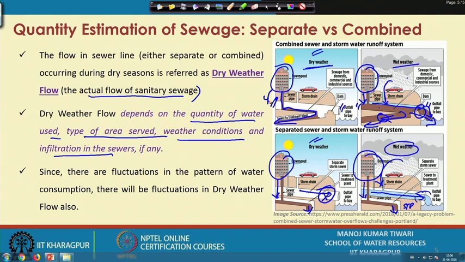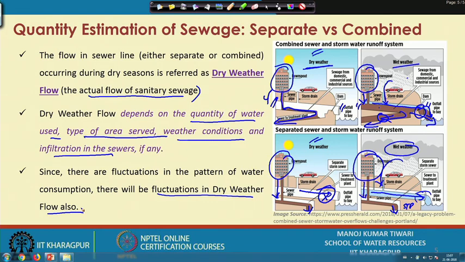We will have higher flow in the morning, lower flow in the afternoon, and almost negligible flow at night. Since there are fluctuations in the water use pattern, there will be fluctuations in the dry weather flow also. So, that gives us an idea of the various inputs coming into dry weather flow.